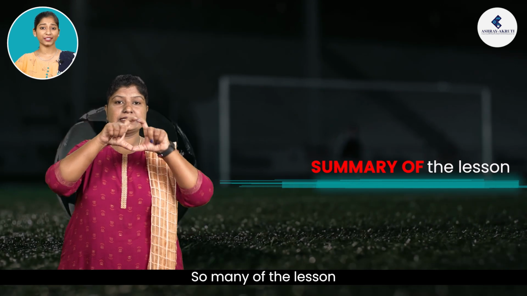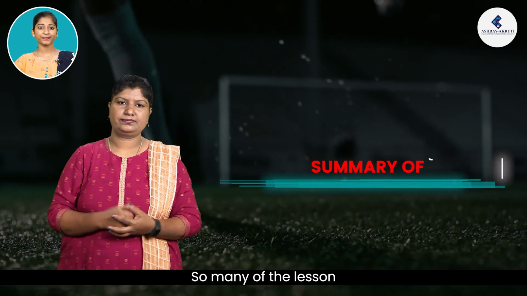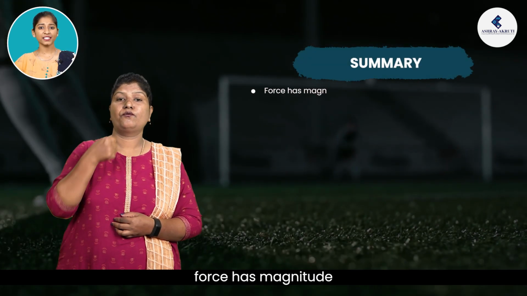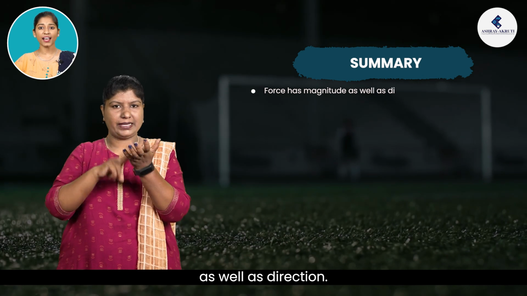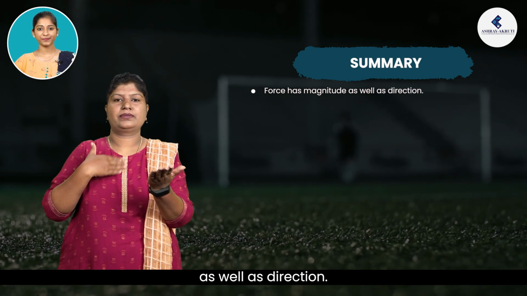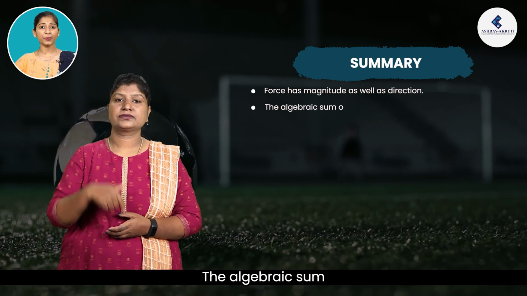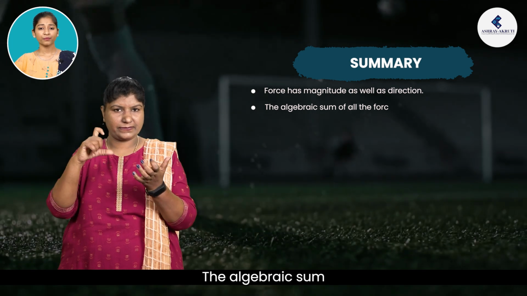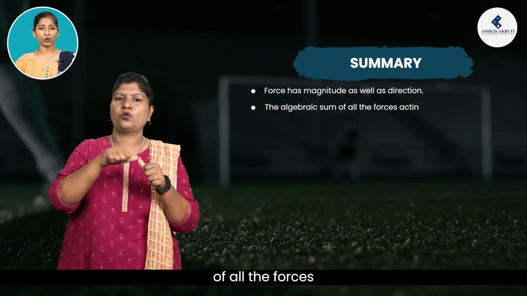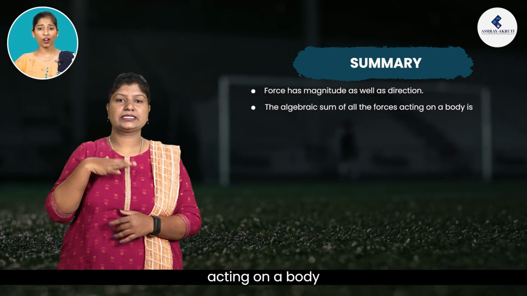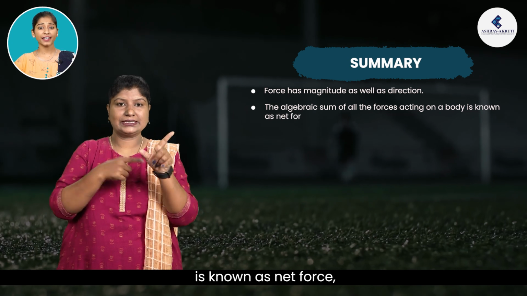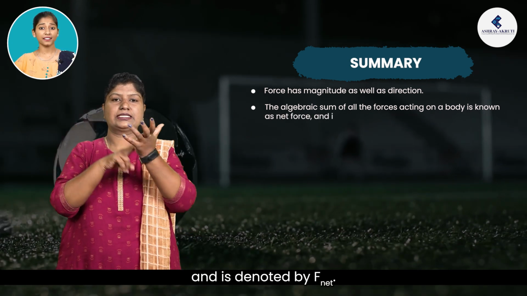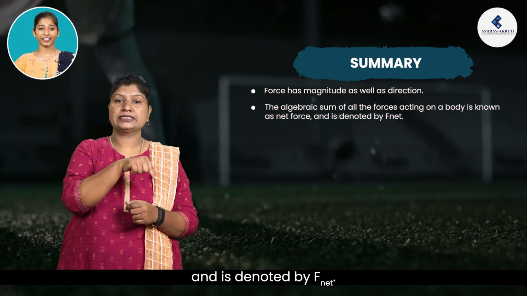Summary of the lesson. Force has magnitude as well as direction. The algebraic sum of all the forces acting on a body is known as net force and is denoted by F net.